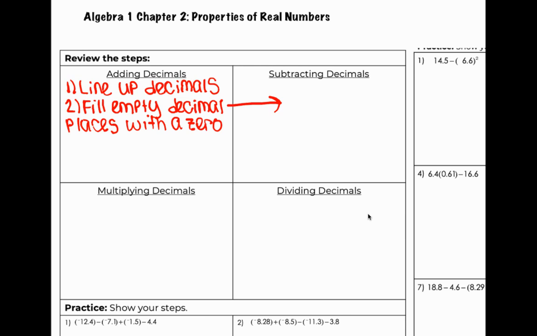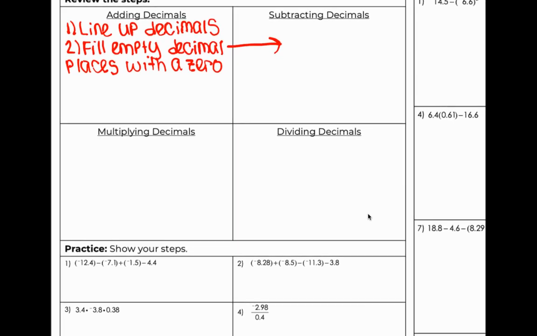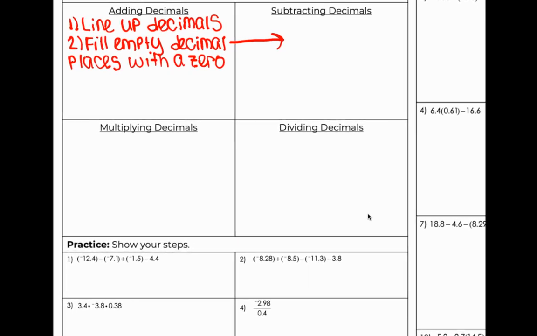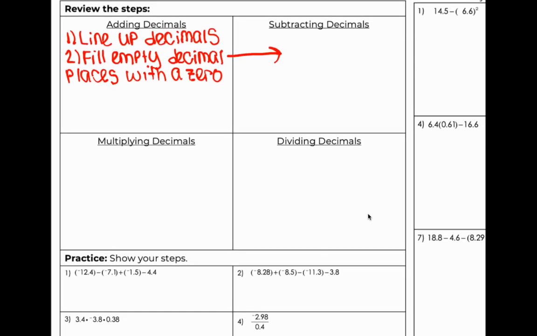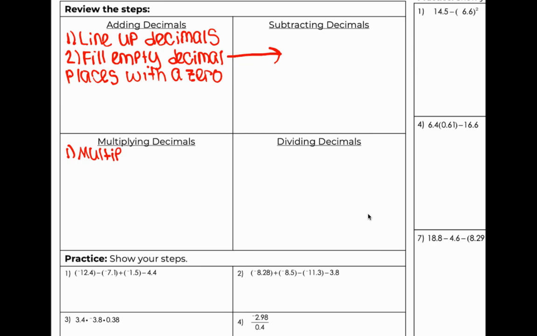Okay, so multiplying, you're going to multiply as if it was a whole number. Then you're going to find the sum of the decimal places in the factors.